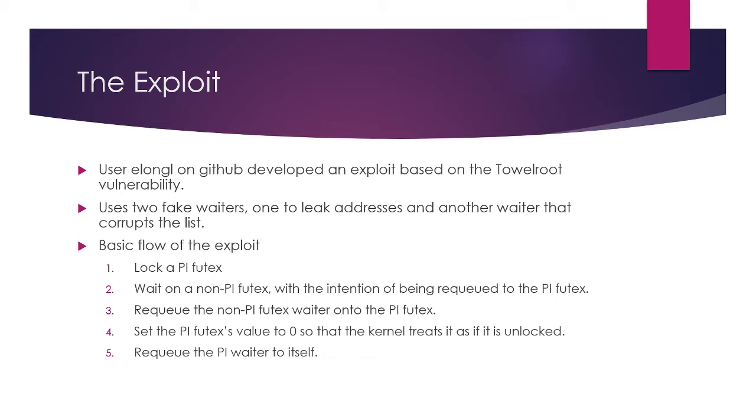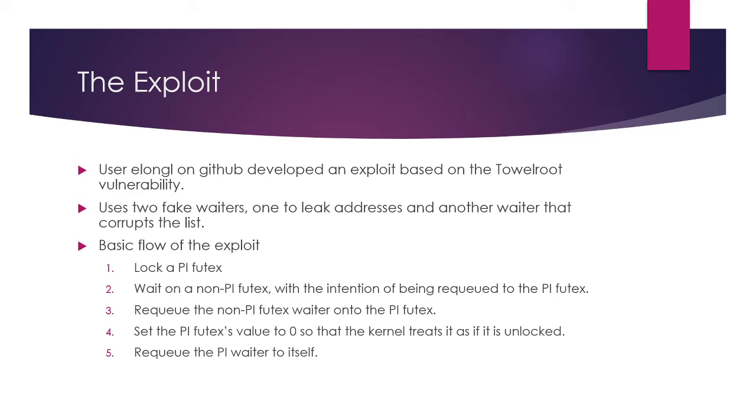So the basic flow of the exploit is we need to lock a PI futex, wait on a non-PI futex with the intention of being requeued to the PI futex. Requeue the non-PI futex waiter onto the PI futex, set the PI futex's value to 0. Now, you're wondering, how can we set the value to 0? Well, if you remember, a futex is a fast user space mutex.